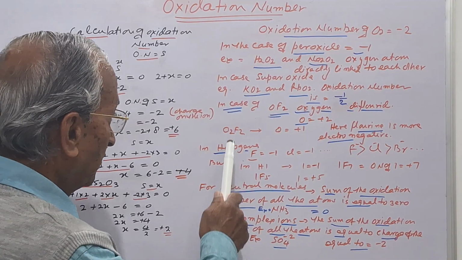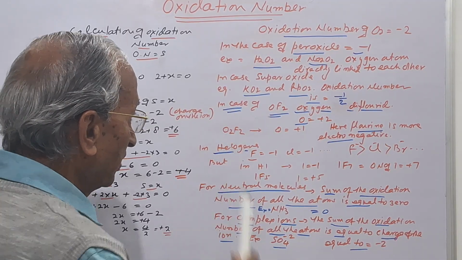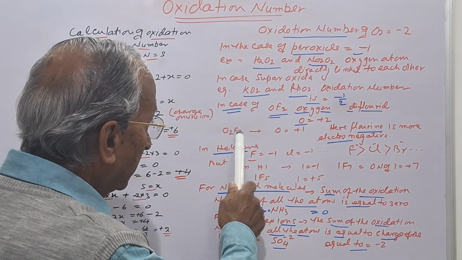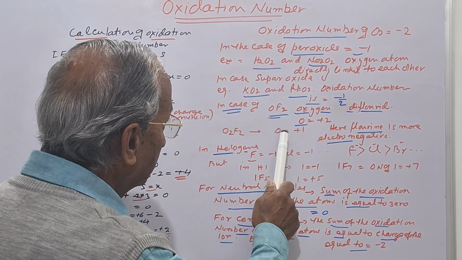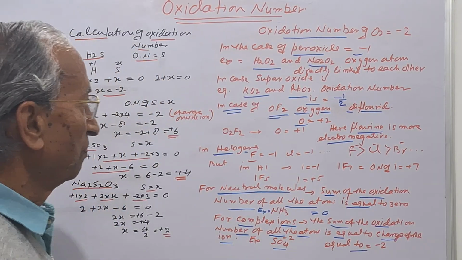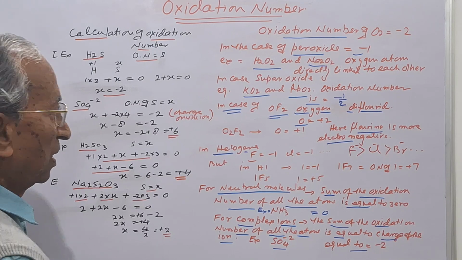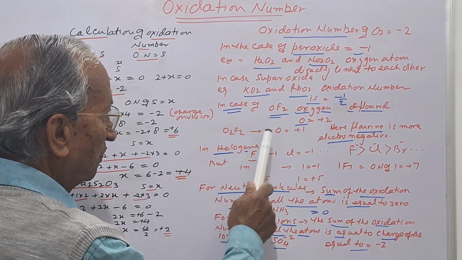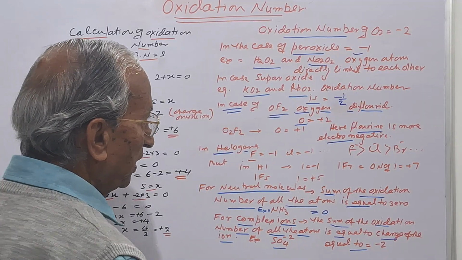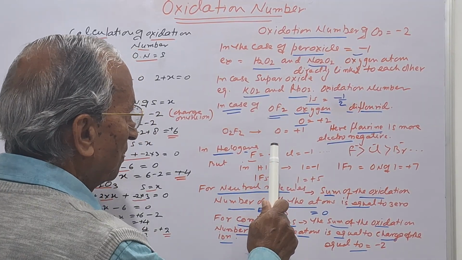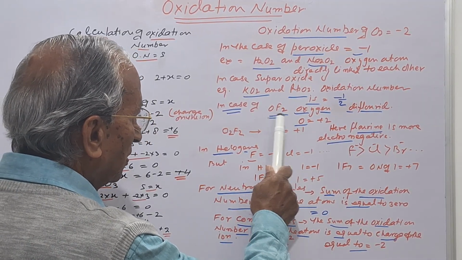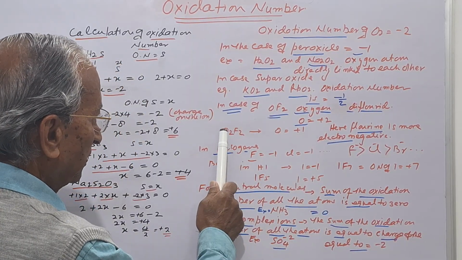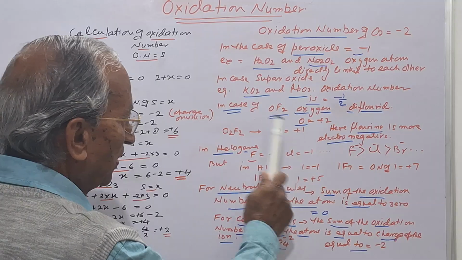And if we take the example of the difluoride, O2F2, here the oxidation number of oxygen becomes +1. So in the case of OF2 and O2F2, where fluorine is more electronegative than oxygen, the oxidation number of oxygen in OF2 is +2, while in O2F2 it becomes +1.